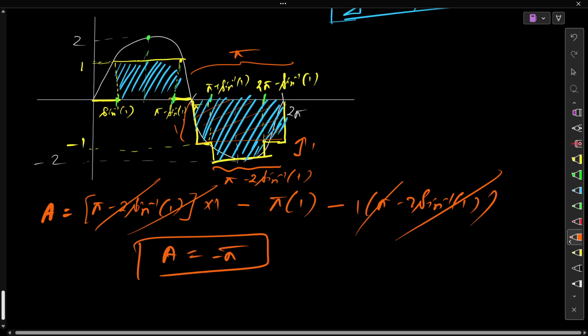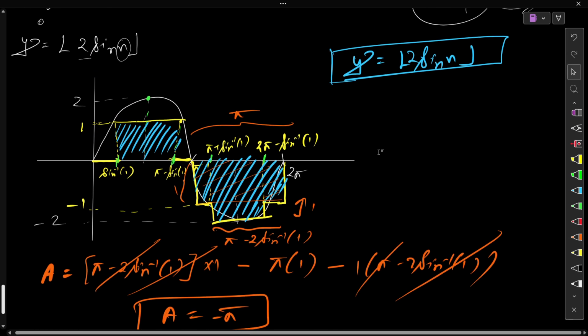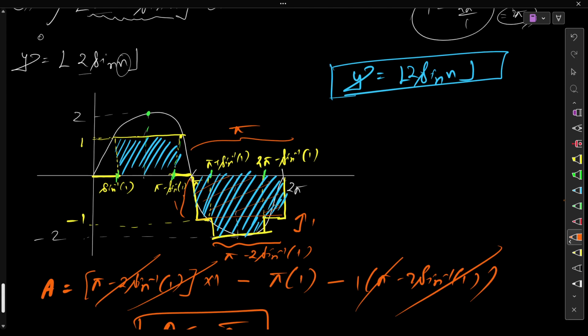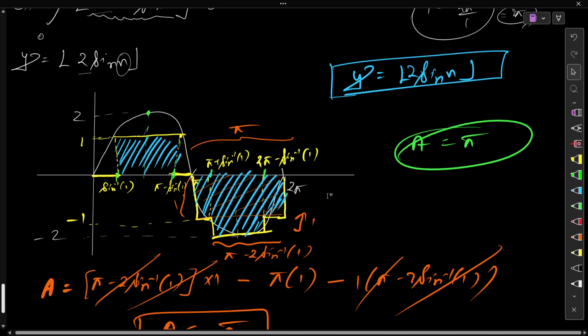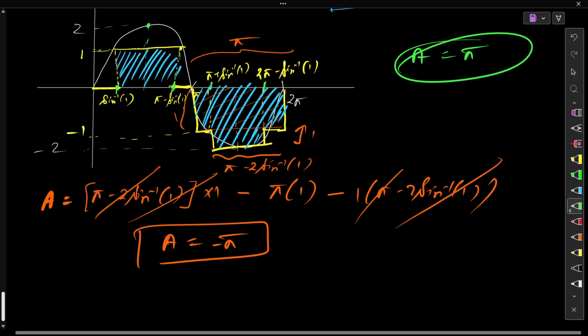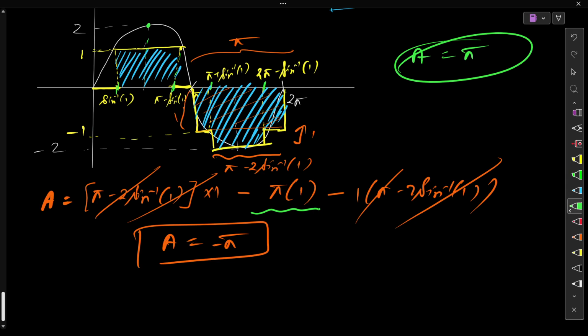So look, the main thing to observe here is that for y equal to floor of 2 sin x, we are getting the area as pi. Now for each and every part, as I can see, this whole bunch of thing will get cancelled and we are left with pi again.